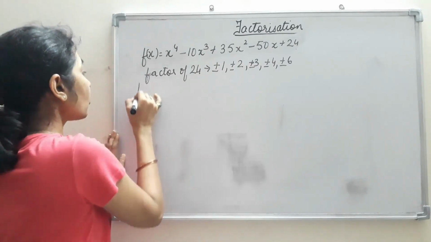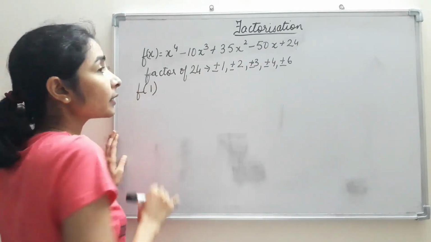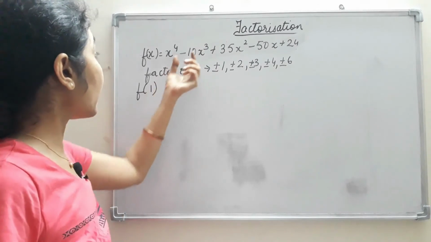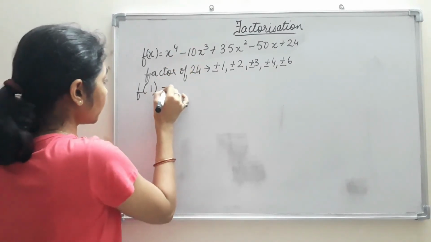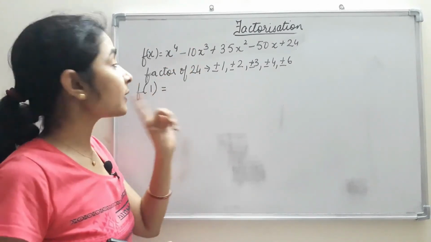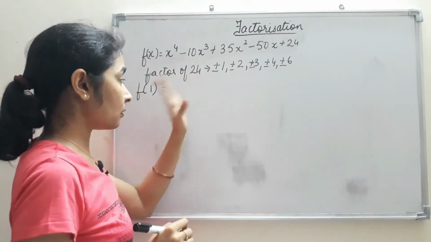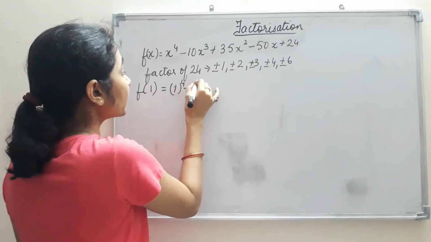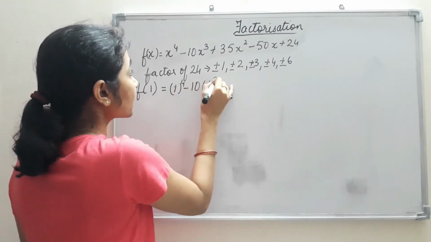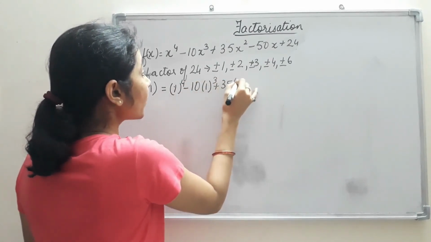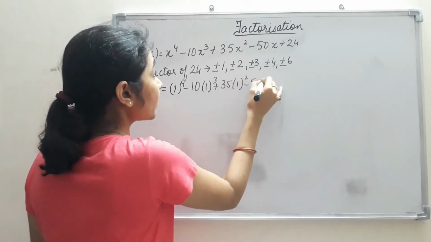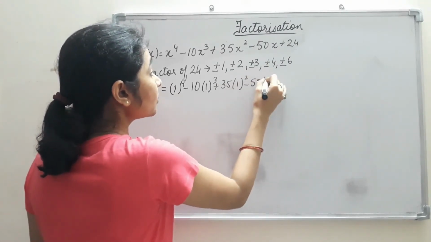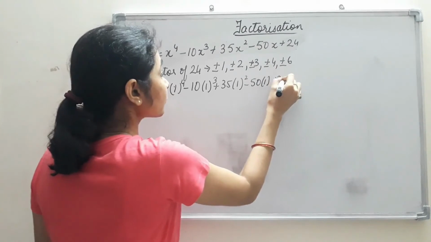Okay, so function of 1, taking 1 as the value of x, what do we get? If it is 0, then x minus 1 is the factor of this polynomial. Okay, so 1 raised to the power 4 minus 10, 1 raised to the power 3 plus 35, 1 square minus 50x minus 50 into 1 plus 24.